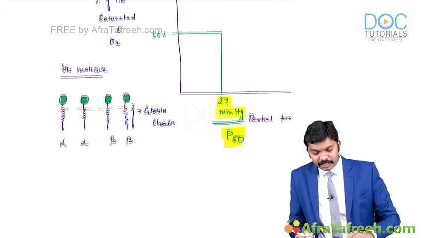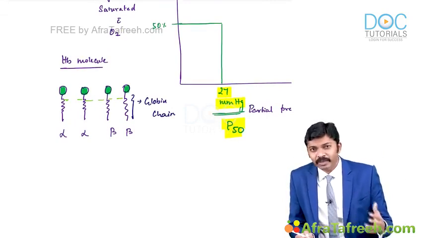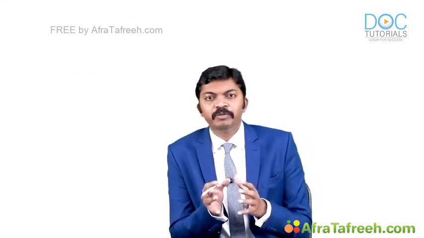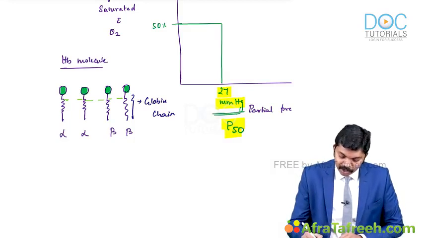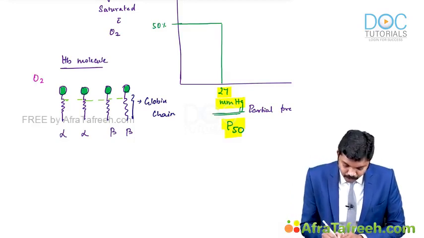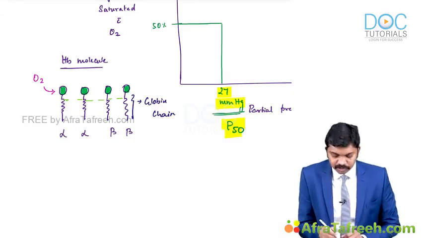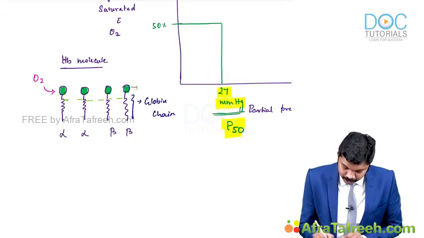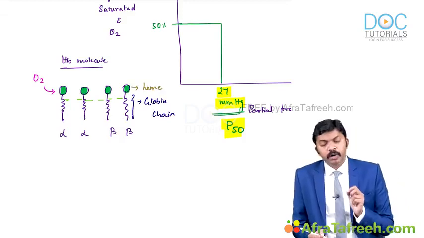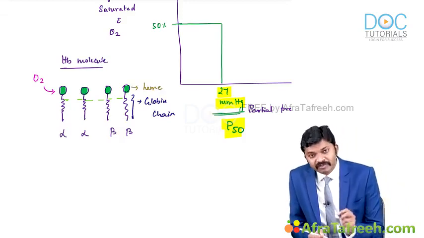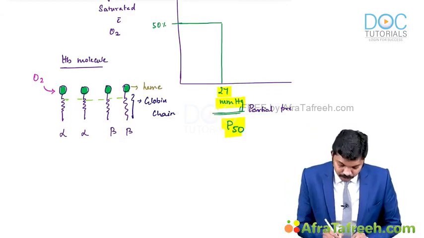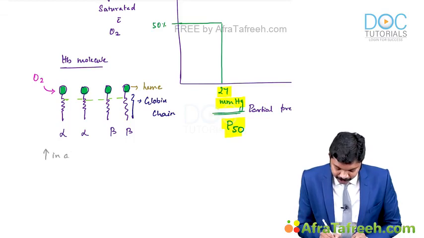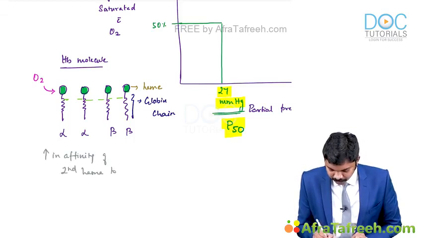Basically speaking, the affinity of hemoglobin to oxygen is not very great. So usually a hemoglobin molecule in a deoxygenated state will not tend to combine with an oxygen molecule. But when the first molecule of oxygen binds with the heme, with a molecule of oxygen combining with the very first heme, this leads to an increase in affinity of the second heme to oxygen.